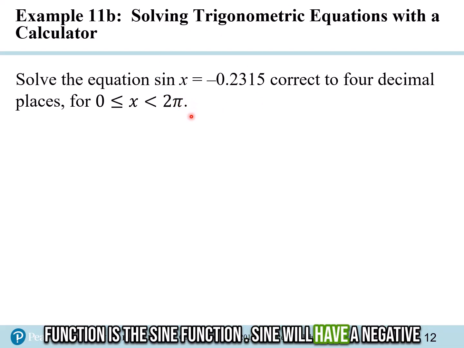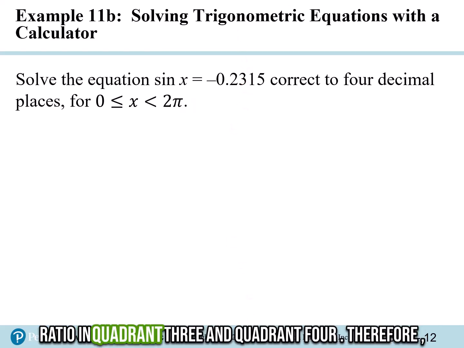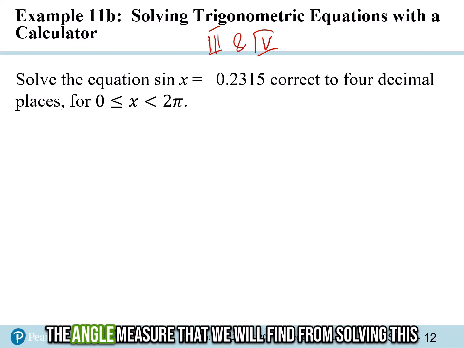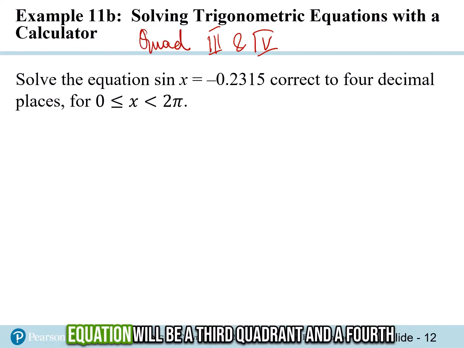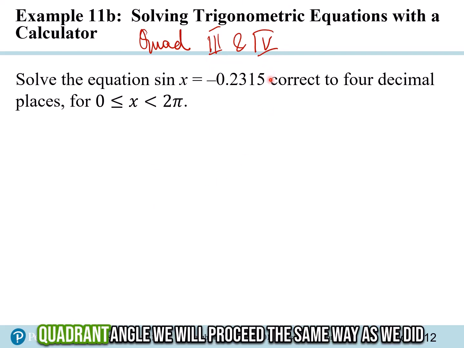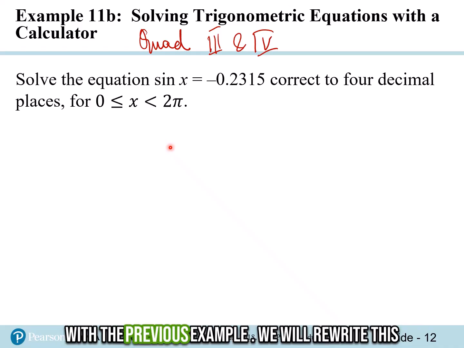Sine will have a negative ratio in quadrant 3 and quadrant 4. Therefore, the angle measure that we will find from solving this equation will be a third quadrant and a fourth quadrant angle.